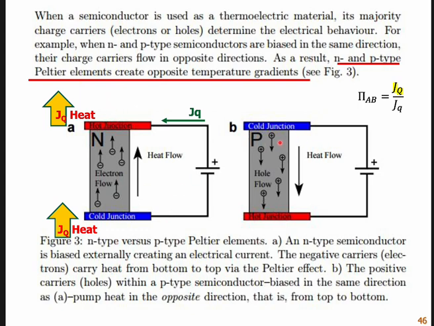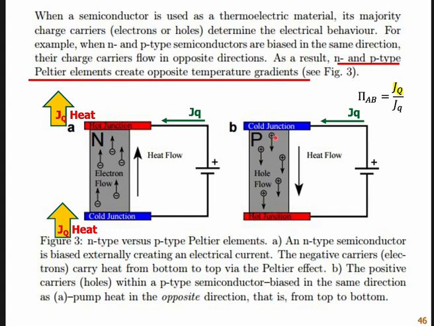The same idea applies to the P-type, but the major carrier becomes the holes. You also connect it with a battery, and we draw the current passing through these materials. The current goes this side, and the major carrier will be the holes. So holes flow along this side, toward the bottom.